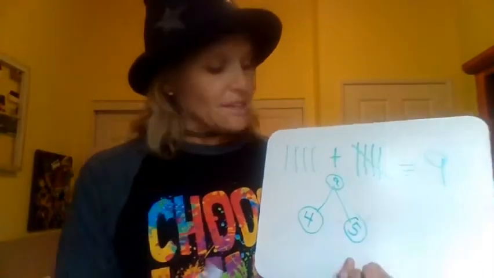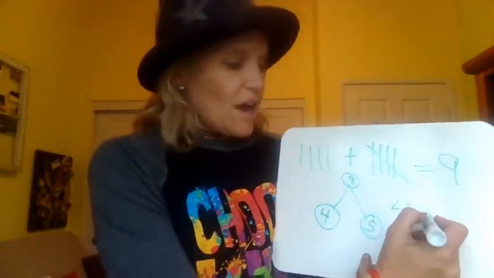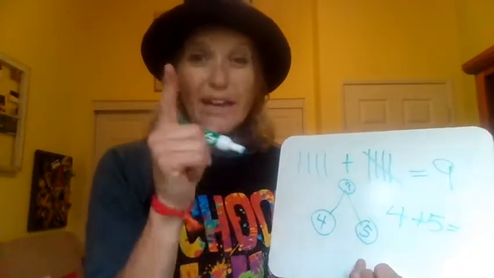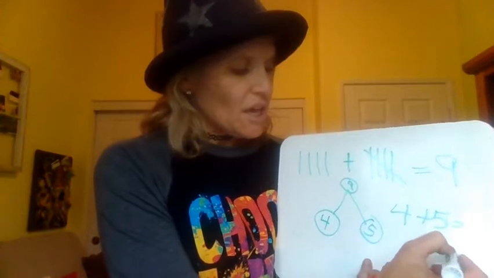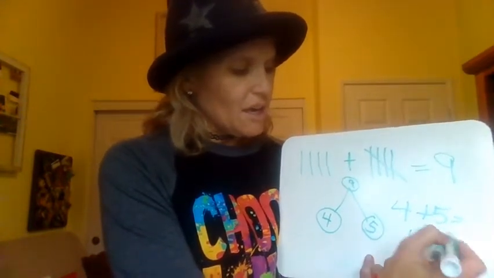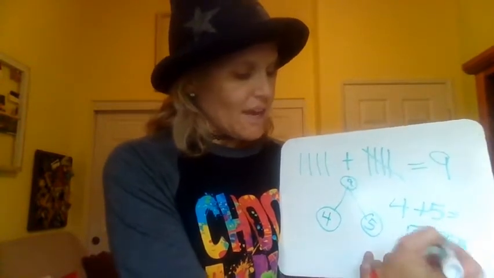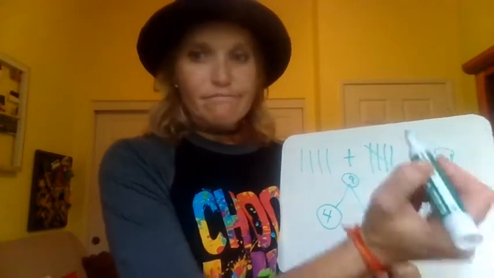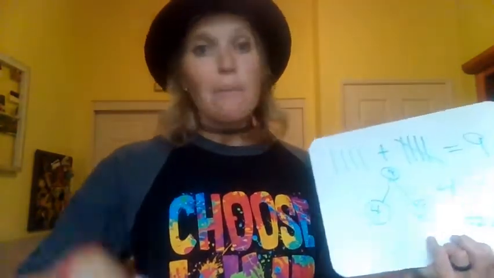Or the last way to solve would be, I know that I'm adding a 5. Oh, maybe I could do my math strategy with my 5 across, 1, 2, 3, 4. These are my dot frames. That's 5, and then I add 4 more. 5, 6, 7, 8, 9. It's still 9. How about that?